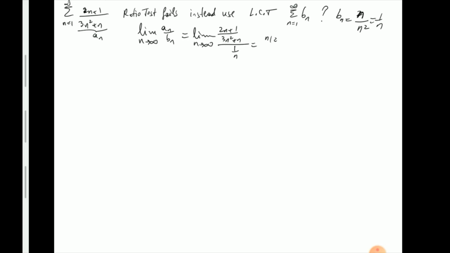Let's simplify a little bit. That's the limit of n times 2n plus 1 over 1 times 3n squared plus n, which is 2n squared plus n over 3n squared plus n. That gives me 2 over 3 as the limit, which is greater than 0.